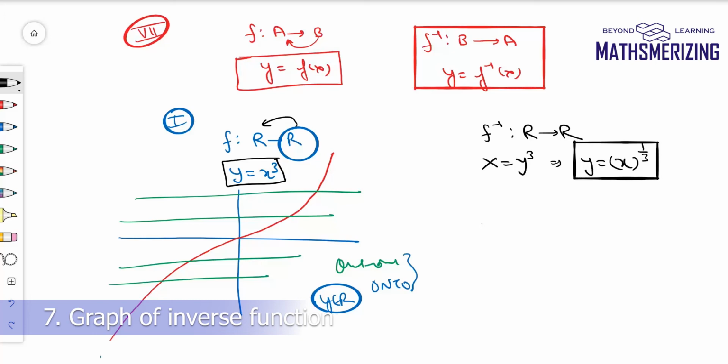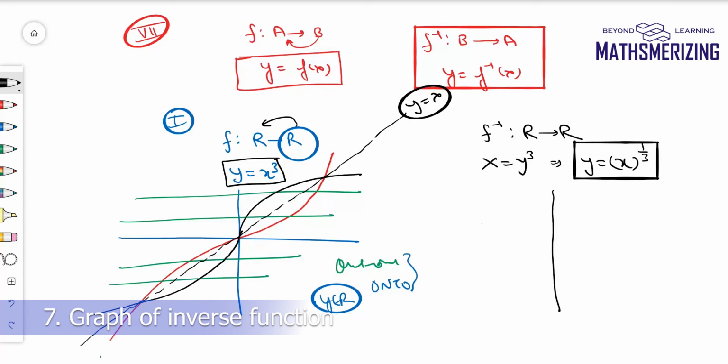One way of doing it: on the graph of y equals x cube, I'll draw the y equals x line, and then take the reflection of the graph of f(x) about the y equals x line. If I take the reflection of this graph, I can draw this graph, and this is the graph of y equals x to the power 1 by 3.